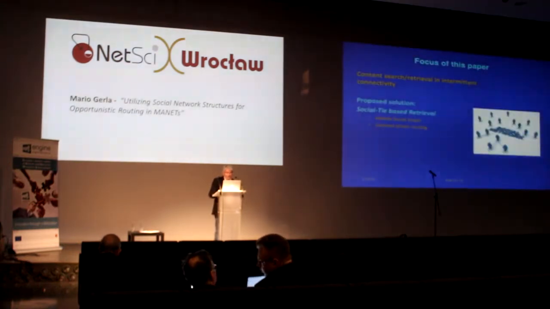So the focus of the paper, and moreover, we are assuming that we are not delivering to a particular destination, rather we are looking for content. So for instance, you're looking for content like what is the best way out of the position I am in, or where is an ambulance, or where is information that I need in this particular application.